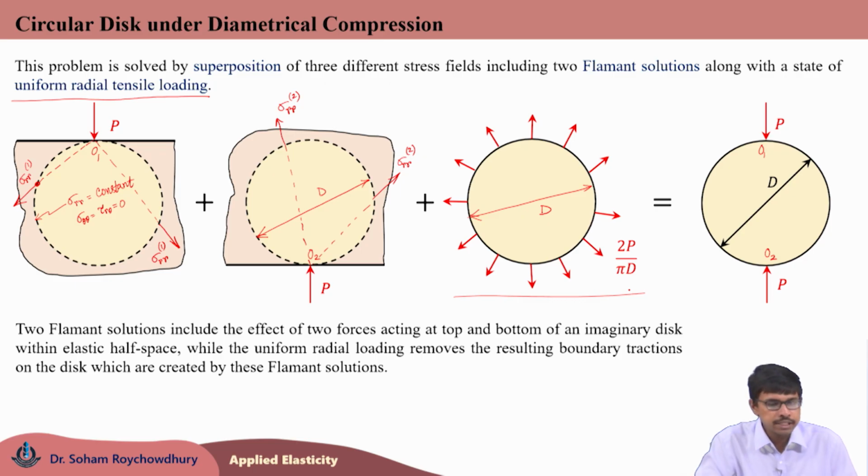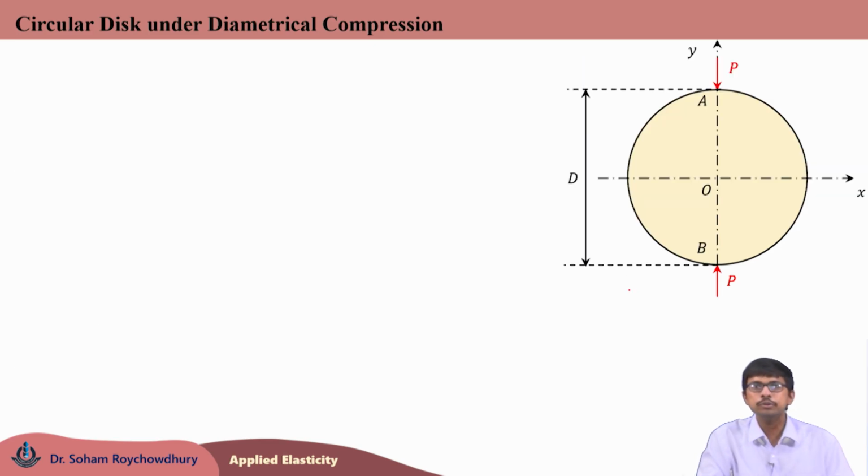So, in addition to these two Flamant solutions, if you add the third one, that is the uniform radial tensile loading state, with that we will be getting the actual or desired state of stress of the disk subjected to diametrical compression. So, let us look into that in detail, how this is going to occur.